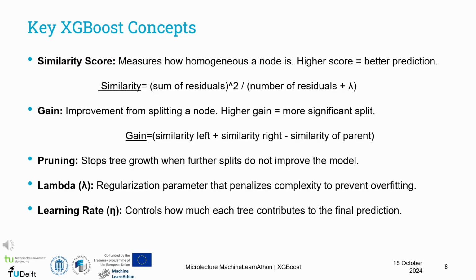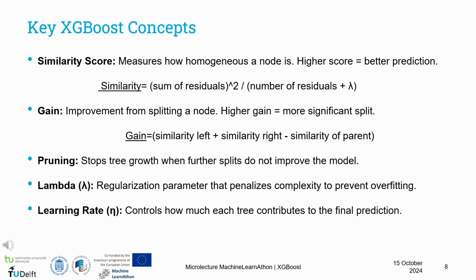Now, let's clarify some key concepts. Similarity score measures how homogeneous the data is within a node. The higher the score, the better the prediction. Gain represents the improvement from splitting a node, and we aim for the highest gain possible. Pruning helps prevent overfitting by stopping the tree from growing too deep.